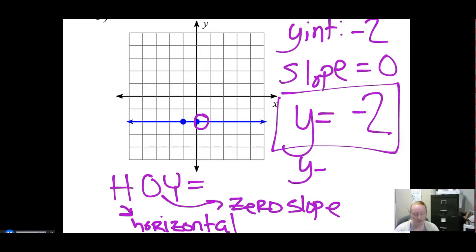But I also want you to know that this would be an okay answer too. Okay. So when I plug in a 0 and I multiply that to x, I get a 0. And 0 minus 2 is still just -2. So the answer that I boxed is a little more correct than the bottom answer. But the bottom answer also shows me that you know everything about this line.